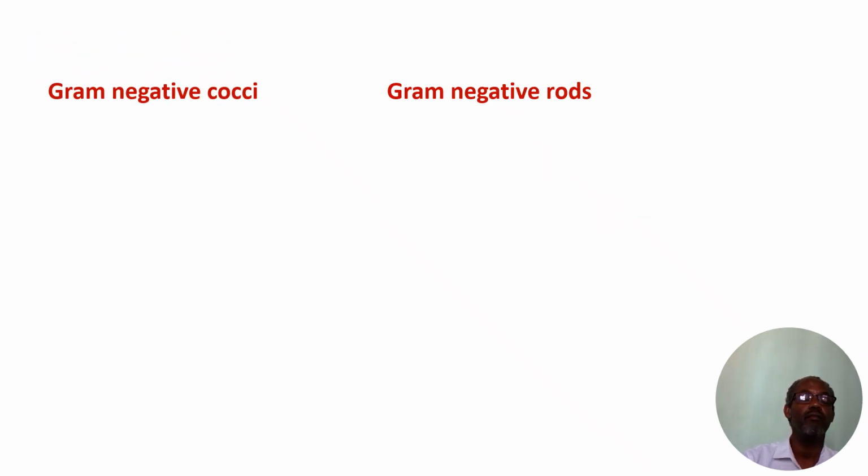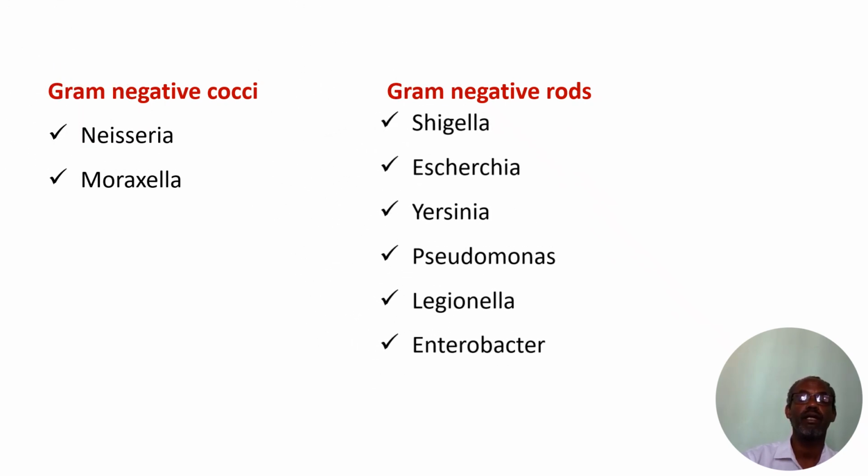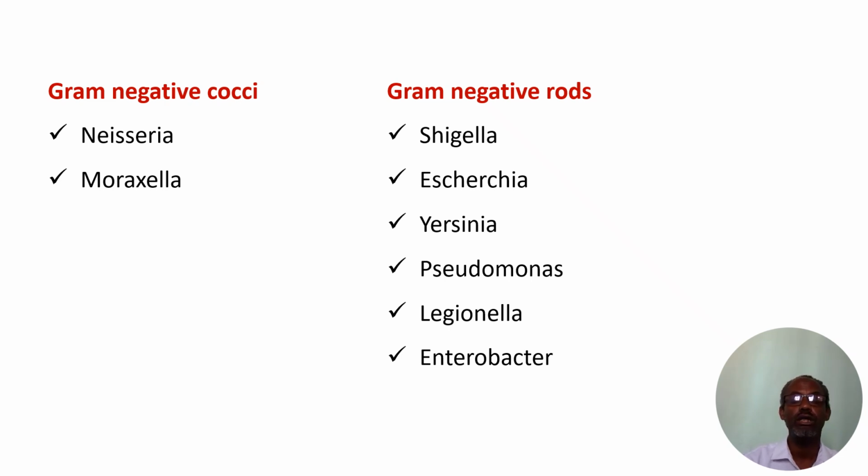The gram-negative cocci are Neisseria and Moraxella. Gram-negative rods include Shigella, Escherichia, Yersinia, Pseudomonas, Legionella, Enterobacter, Klebsiella, and Salmonella. All these belong to gram-negative bacteria. Lots of gram-negative rods are pathogens.